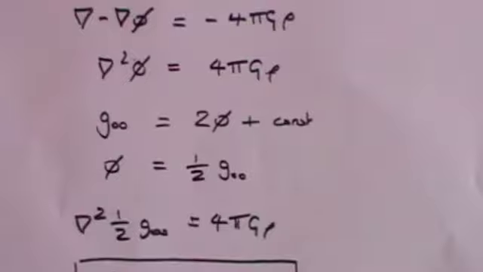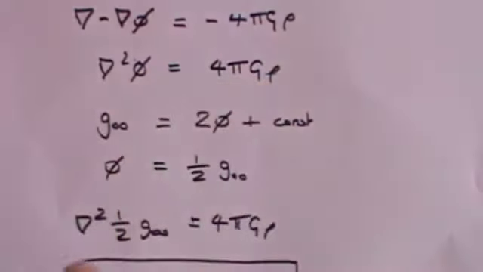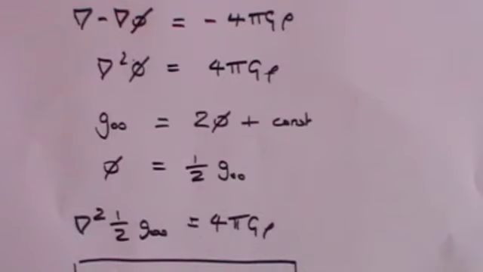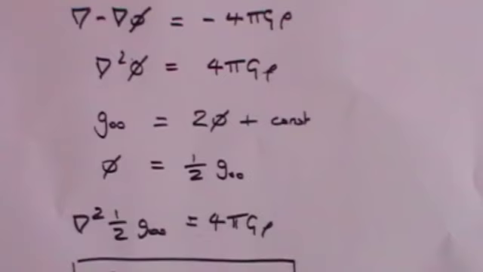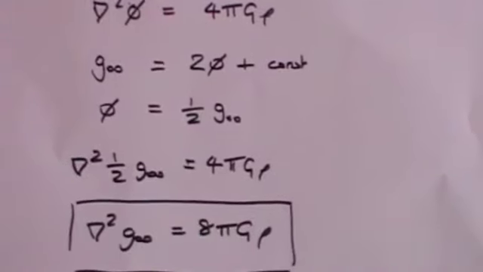So now you've got that the derivative squared of phi is 4 pi g rho, so the derivative squared of half the time component of the metric tensor equals 4 pi g rho, and if you multiply both sides of the equation by 2, you get that the derivative squared of the metric tensor equals 8 pi g rho.